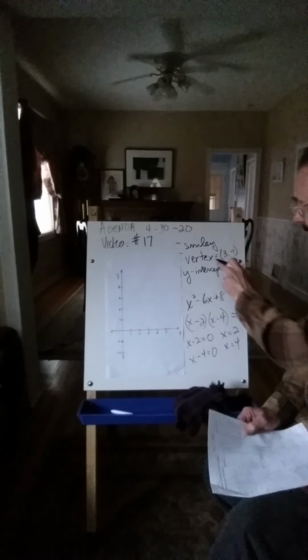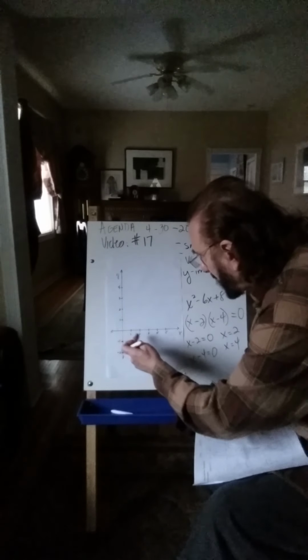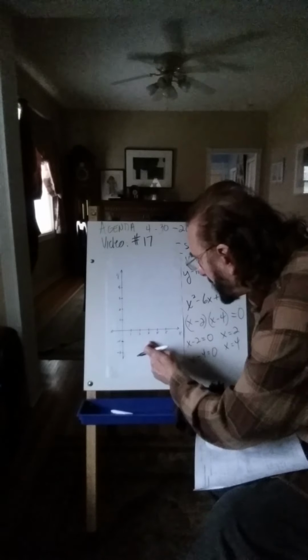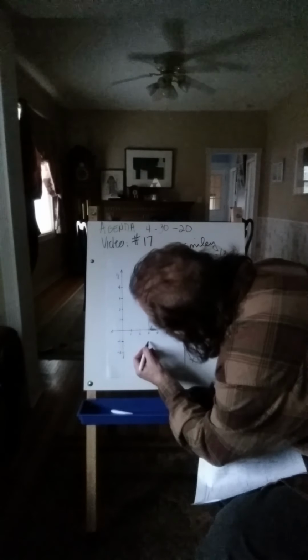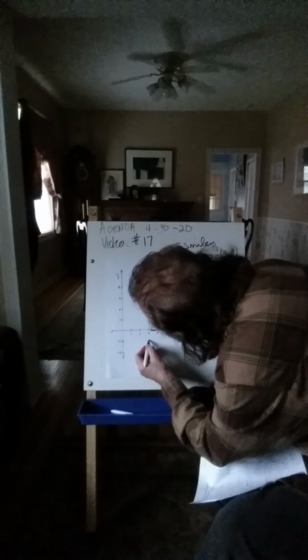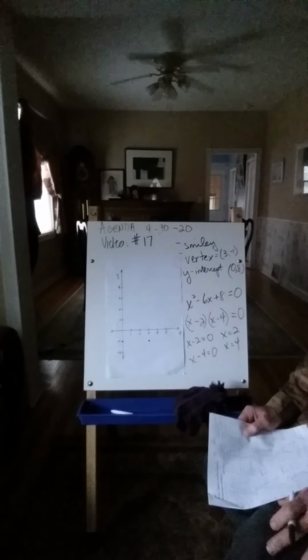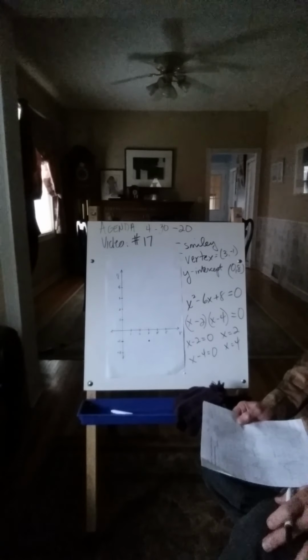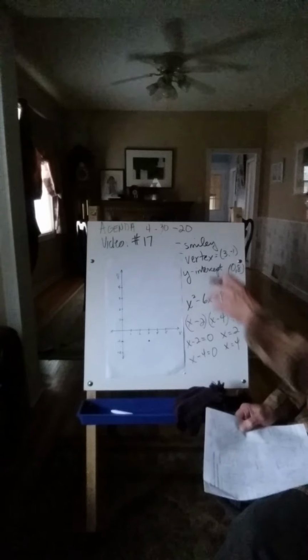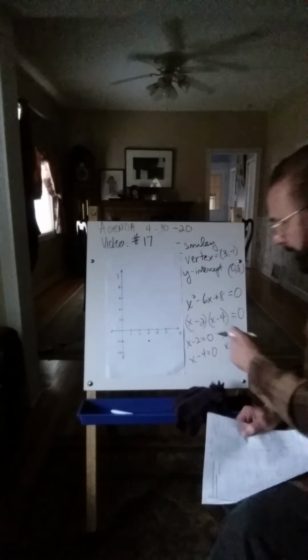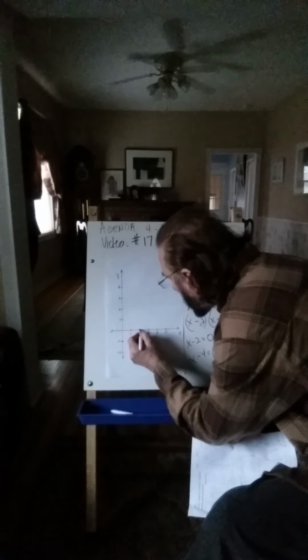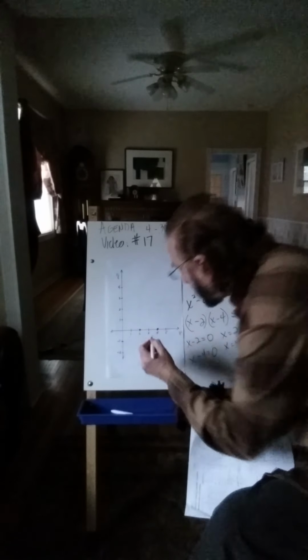My vertex is 3, negative 1. 3, negative 1 looks to be right here. Now my x-intercepts are at 2 and 4. That's here, that's here.